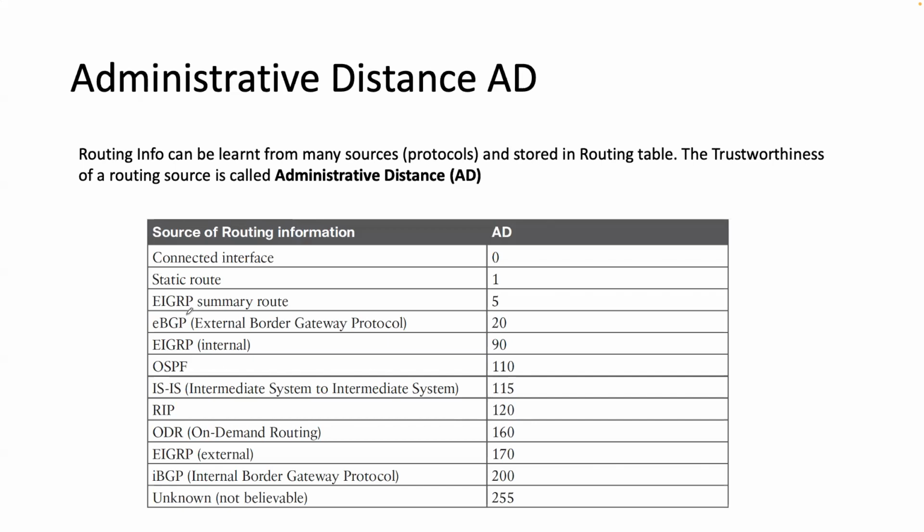So what role is AD playing over here? AD is the trustworthiness of a routing source, I mean these protocols by which I'm learning routes and storing them in our routing table. There is a preference value, or trustworthiness value, of each method by which we are learning our routes. That is known as administrative distance.